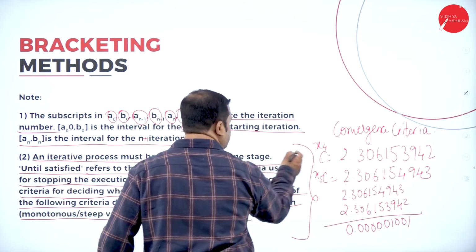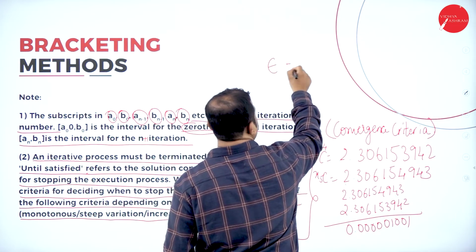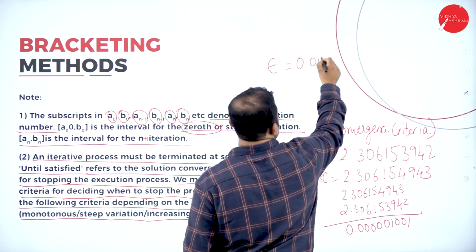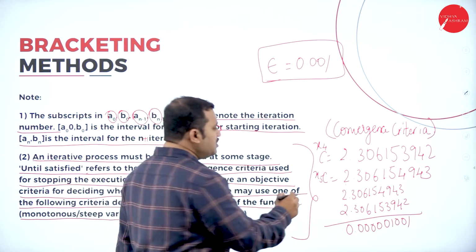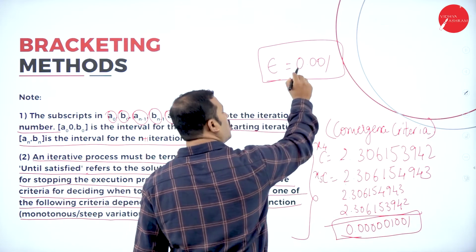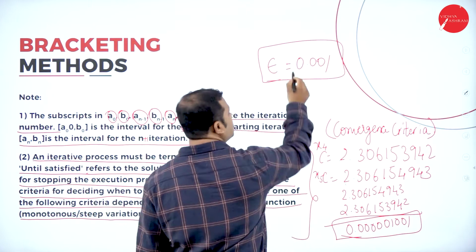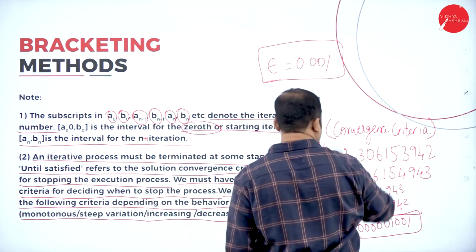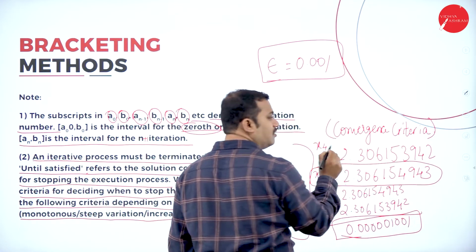But what does this convergence criteria indicate? Error epsilon equal to 0.001 is the criteria I am mentioning here. If there is a value which is less than this, that means the value is less than this, so we say that the root of the equation is found and it is convergent.